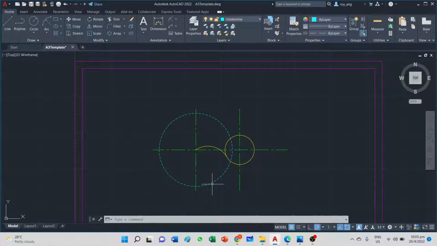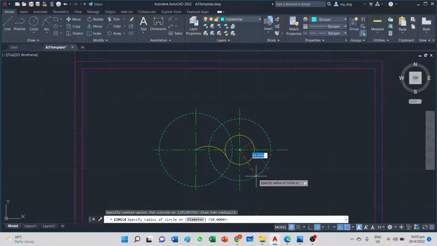We don't know yet. We need to construct a second construction circle that intersects the first construction circle, and that will be the center of R50.